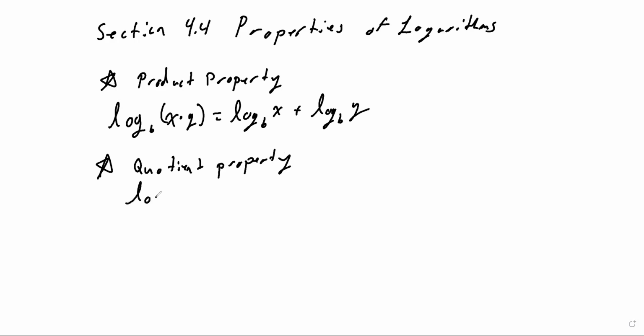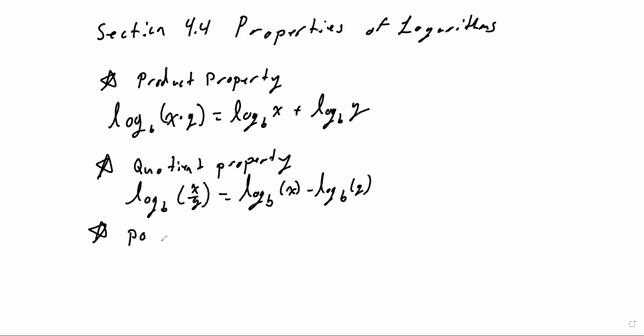And it is log base b of x over y equals log base b of x minus log base b of y. Right? So basically, if I'm dividing two things, I can expand it by subtracting it.